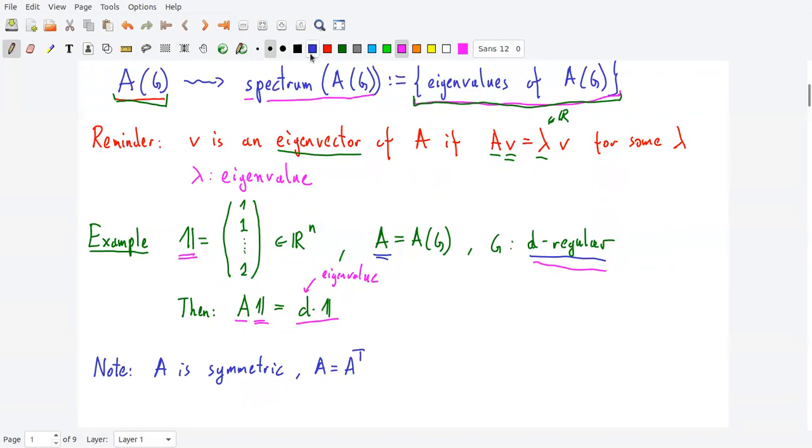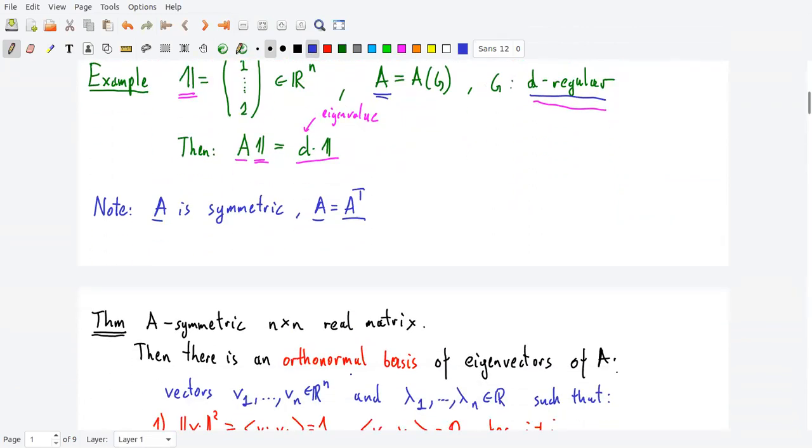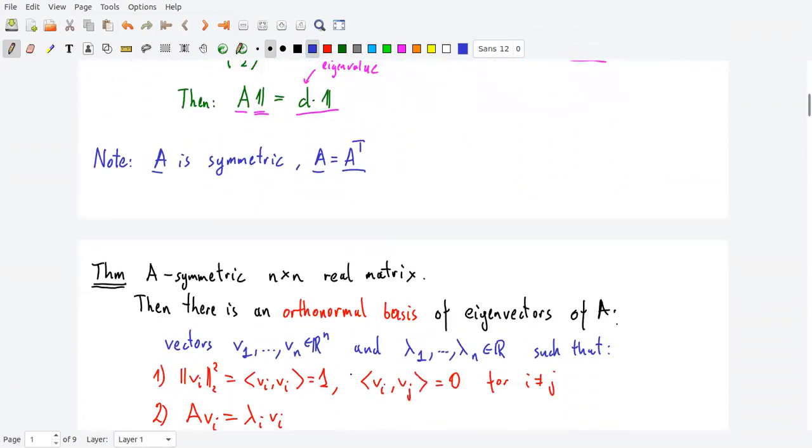Note also that because we are talking about undirected multigraphs, the matrix A is a symmetric matrix, right? So A is equal to A transpose. If you think about what you know from your linear algebra course about symmetric real matrices and their spectra, there was probably one theorem you should have seen during your first year.